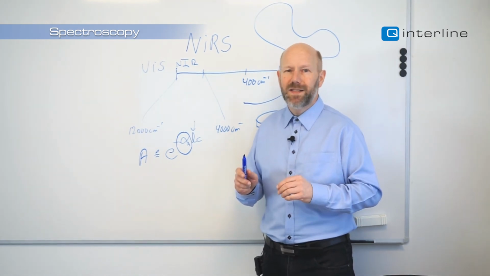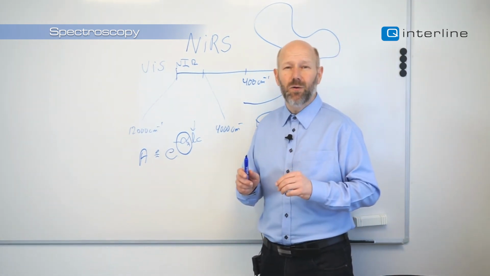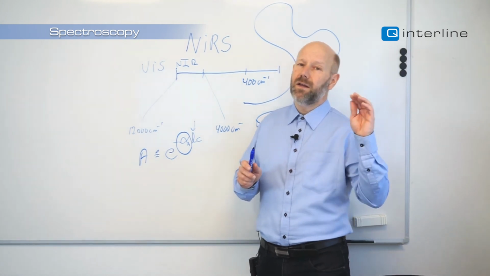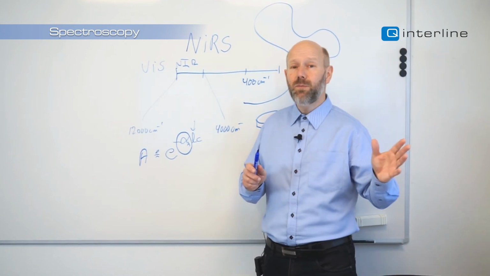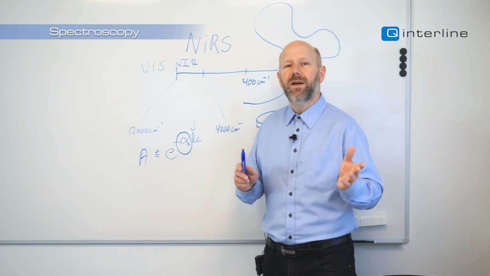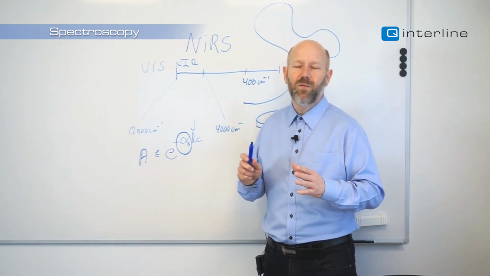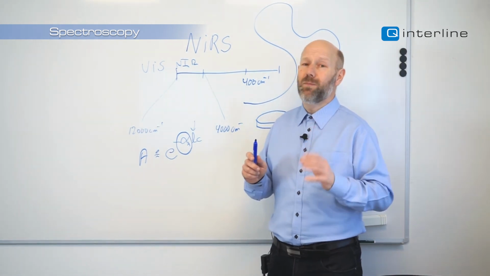We have to keep in mind that spectroscopy of this sort is kind of shallow. So the shorter wavelength, quite close to the visible, will penetrate 5 to 10 millimeters into the sample or even all the way through, whereas the longer wavelength near 4,000, 5,000 wave numbers will only penetrate like half or 1 millimeter.